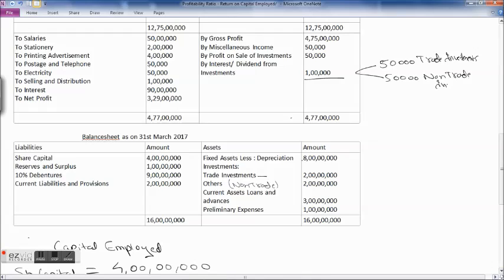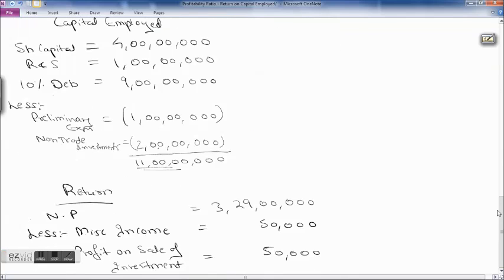This is what we are assuming, since nothing is specified. Now 50,000 interest and dividend from non-trade investments, we have to reduce it, right?